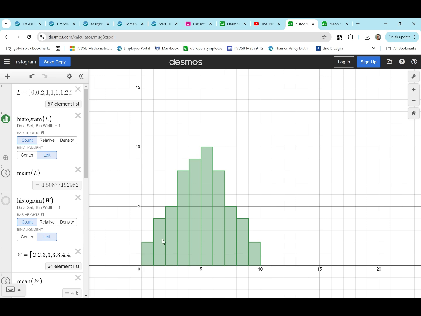I might say that the green data set is more spread out than the blue data set is, even though their means are right about the same. The average of these values, the middle of these values, is right about the same at 4.5.